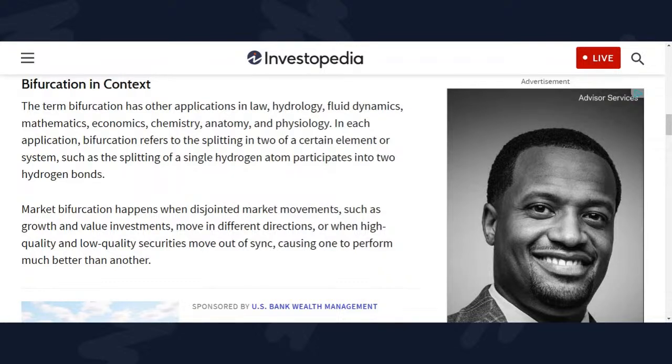The term bifurcation has other applications in law: hydrology, fluid dynamics, mathematics, economics, chemistry, anatomy, and physiology. In each application, bifurcation refers to the splitting in two of certain element or system, such as the splitting of a single hydrogen atom participates into two hydrogen bonds, such as the splitting of the United States jurisdiction as it is each and every day, each and every second.